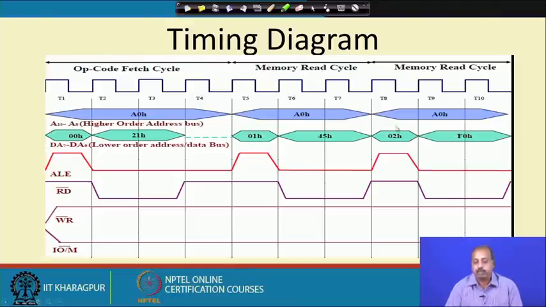It is getting 02 here and A0 here, the ALE signal is given, the memory read bar signal is given, and the memory will put F0 onto the data bus. For this entire operation, the write bar signal is kept high and the IO M bar line is kept low. So, it is a memory operation. These are the 3 machine cycles that are needed: opcode fetch, followed by memory read, followed by another memory read.